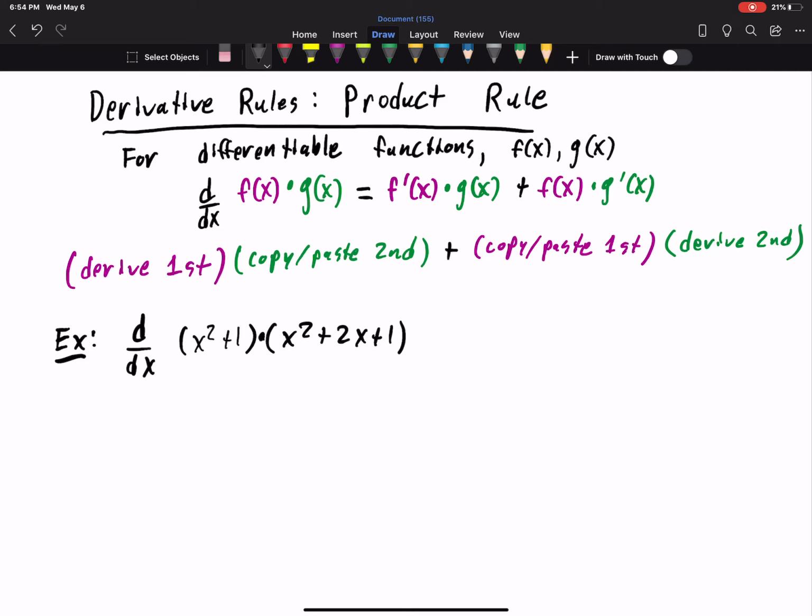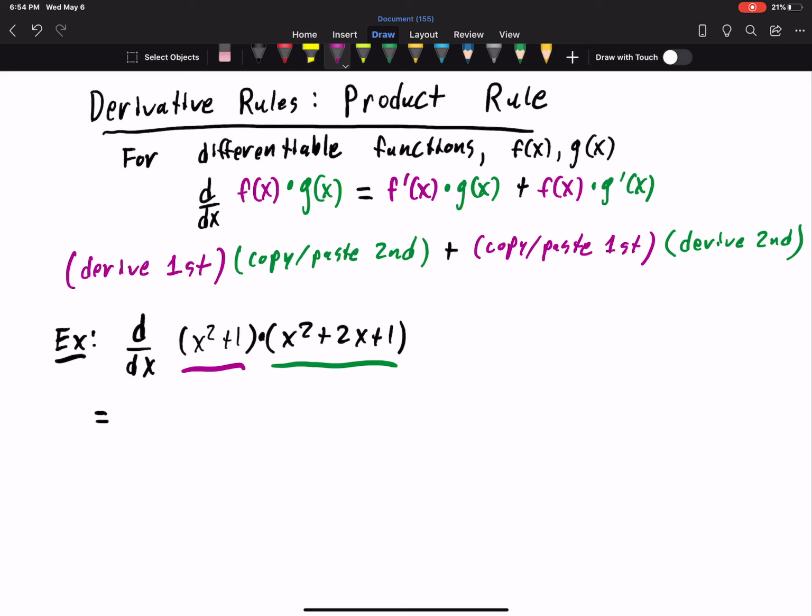So we need to first identify a first function and a second function. The first function in this case is usually the one that comes first. Go figure. Our second one is, of course, the second function. So let's follow the instructions that we have above for deriving this thing. First things first, we're going to derive the first function, this purple underlined thing.